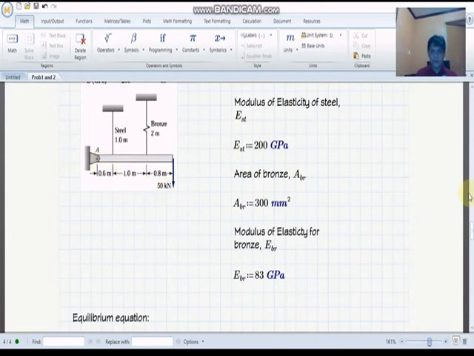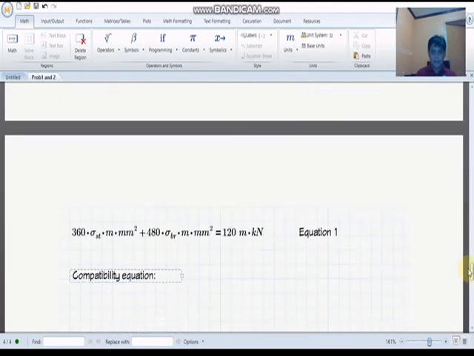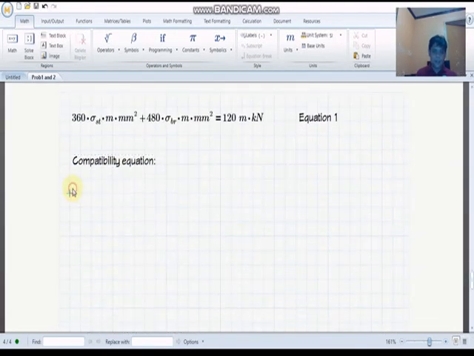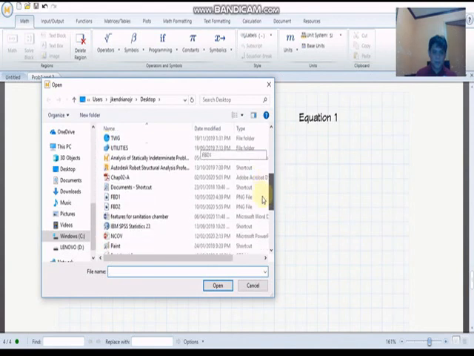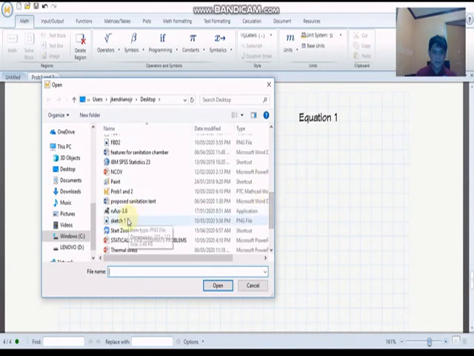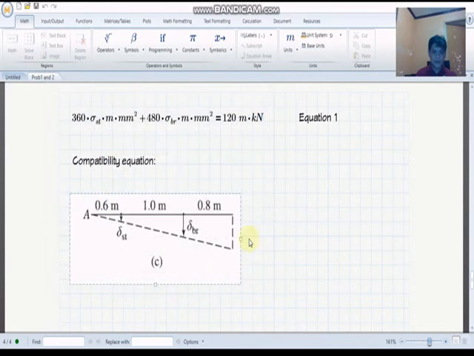I have already the sketch showing the deformation, the rotation of the bar. Because of the critical load at the end, the straight bar will now be inclined, and your steel will elongate by this amount, as well as your bronze will elongate by this amount.